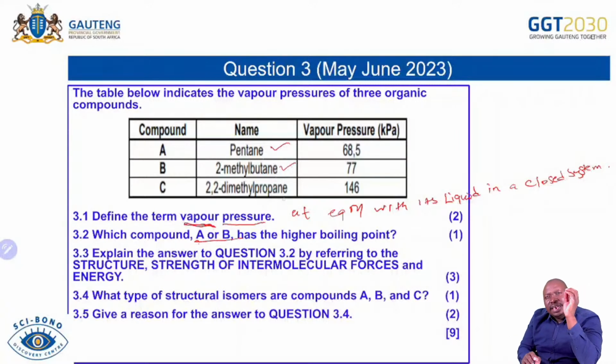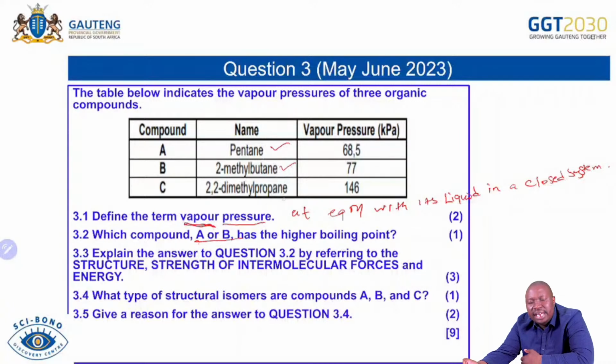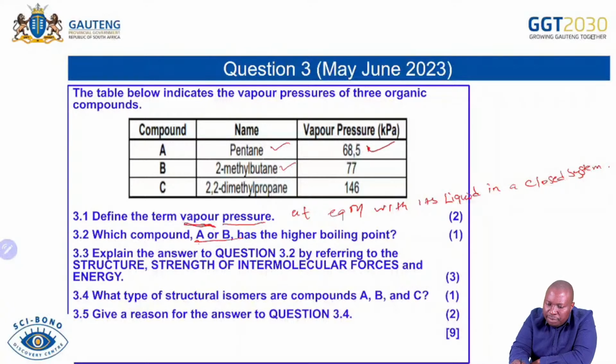Remember, as the number of branches increases, the strength of intermolecular force decreases, and as the strength of intermolecular force decreases, boiling point decreases. So if an organic molecule has the lowest vapor pressure, it means it has the highest boiling point, melting point, and viscosity.